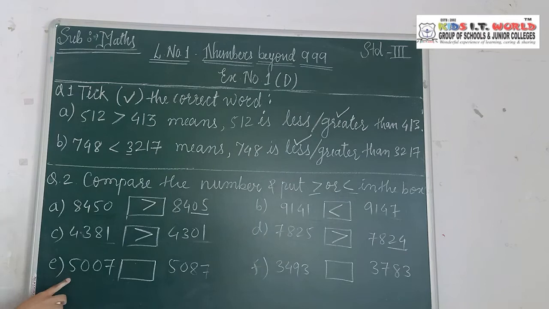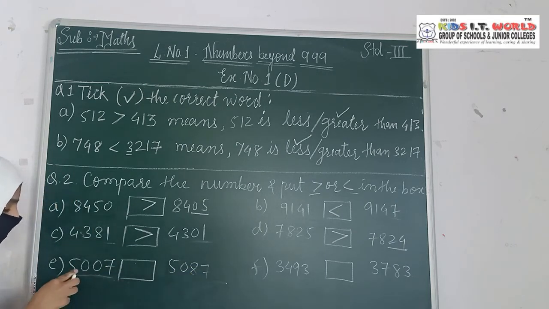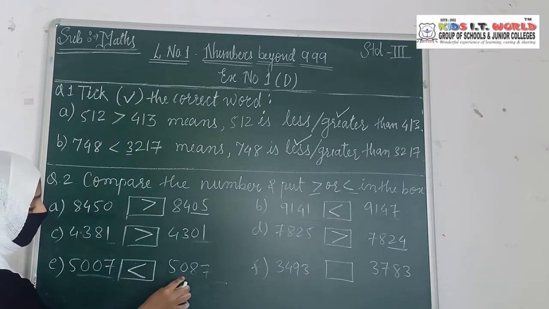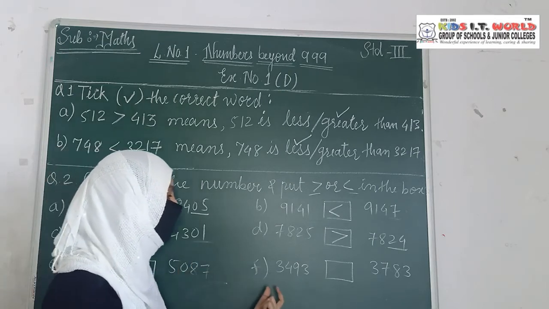Here the next one, 5007, 5087. Here it is 7, here it is 87. Which number is greatest? 87. So the face of the symbol will be on the right side. And how we will read it? 5007 is less than 5087.